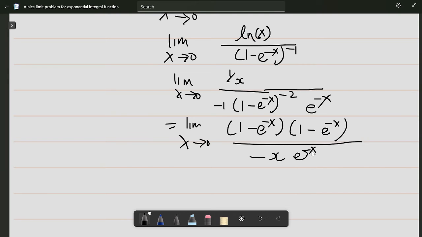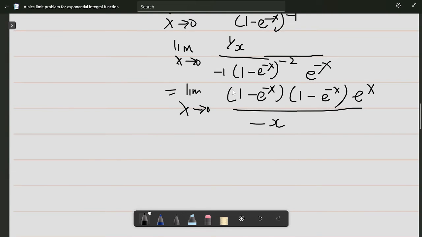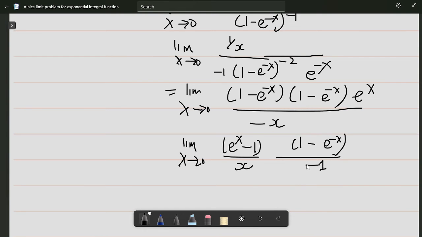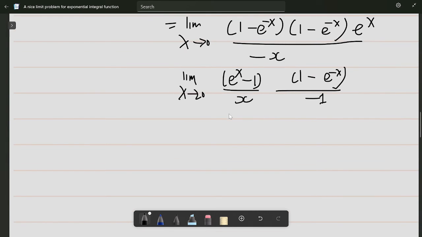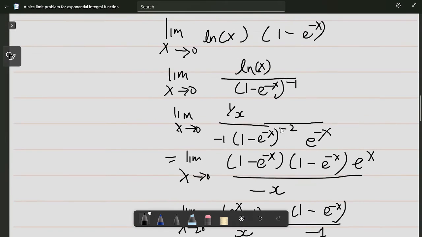Okay, so now we can take this e to the power minus x to the numerator as e to the power x, and multiply e to the power minus x to this thing. As x goes to 0, we have e to the power x minus 1 by x, and then 1 minus e to the power minus x by minus 1. Okay, now this is a standard limit, and this is just 1, and this is 1 minus 1, 0 by minus 1. Now 1 into 0 minus 1 is just 0. So I know that this limit is actually 0.